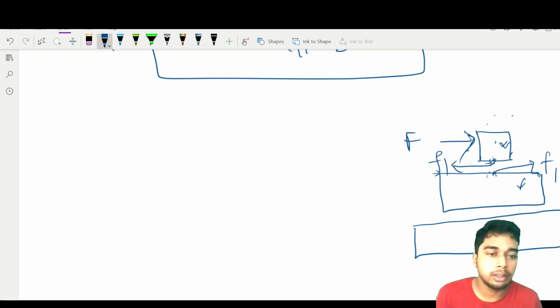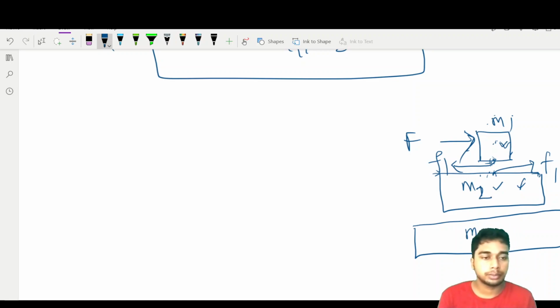So the frictional force will help in moving this block and will oppose the motion of the other block. This one I consider as M1, this one as M2 and this one as M3. And in this case, I don't know what will be the direction of friction. I have just considered this as f2 and this is F.